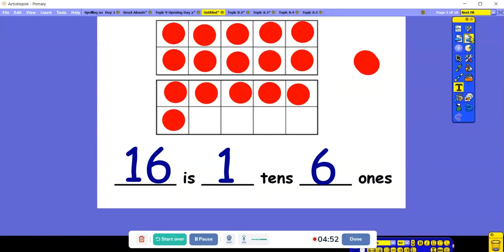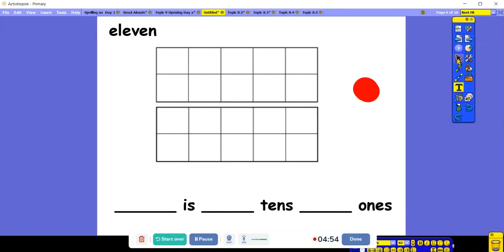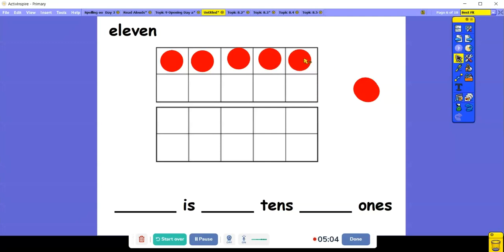And we can do the same for 11. Again, count along with me. 1, 2, 3, 4, 5, 6, 7, 8, 9, 10, 11. We're going to start with our two-digit number of 11.